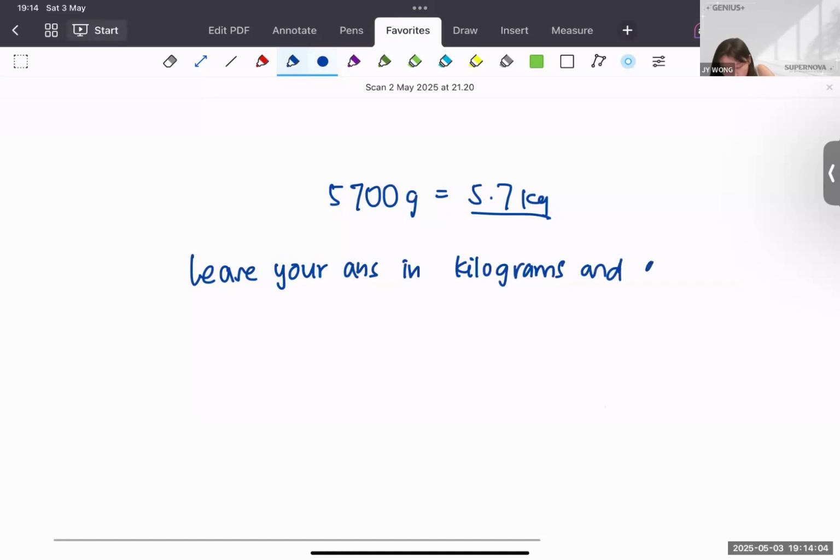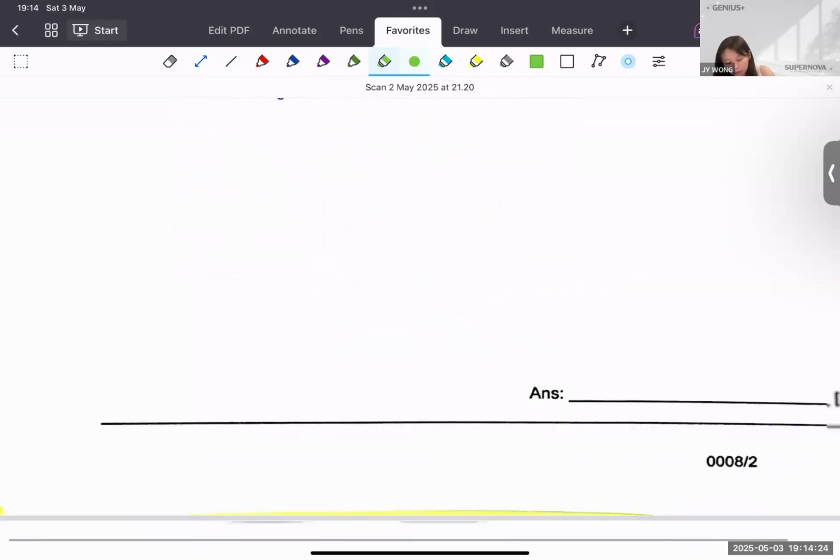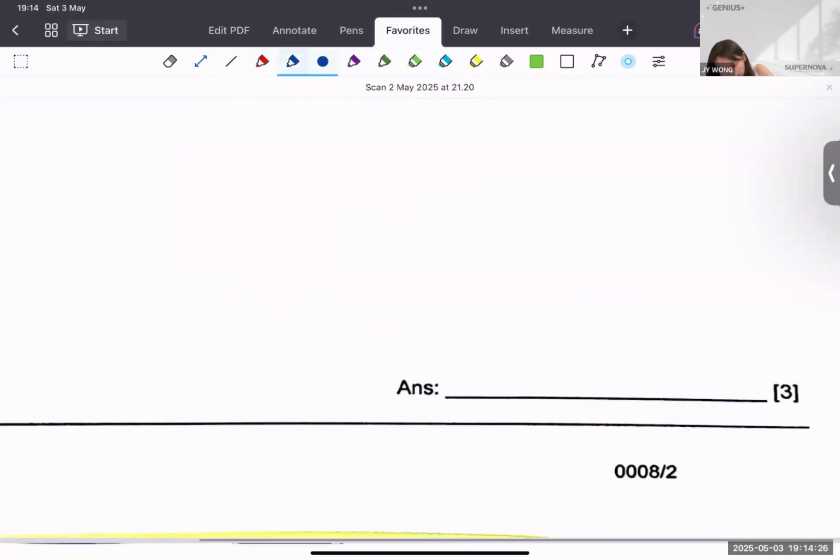So what happens when they ask you this? You need to make 5,700 grams into kilograms and grams. That will give you 5 kg and 700 grams. So you need to read the question and see what units they want you to leave your answer in. And make sure that in your final answer, please do not leave out the units, because every unit they deduct marks.